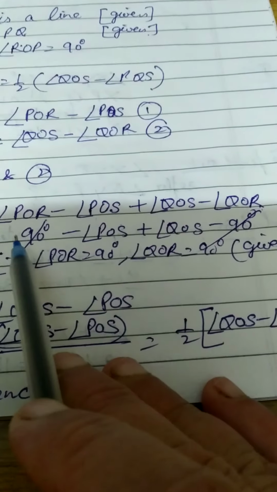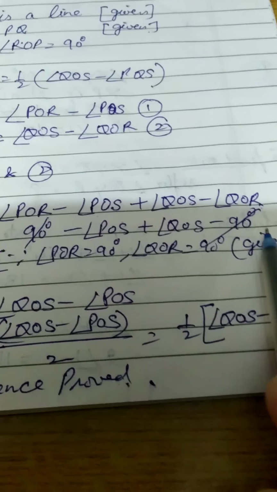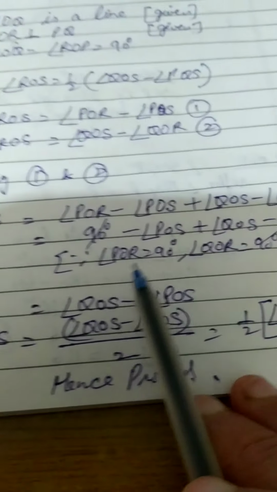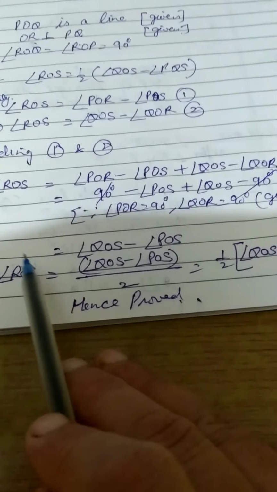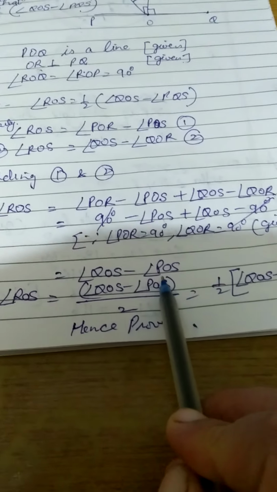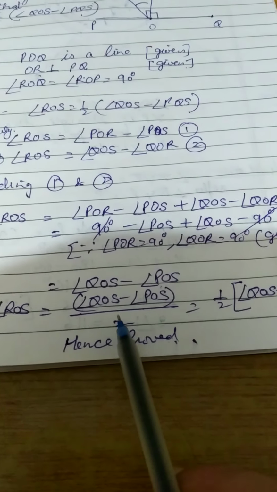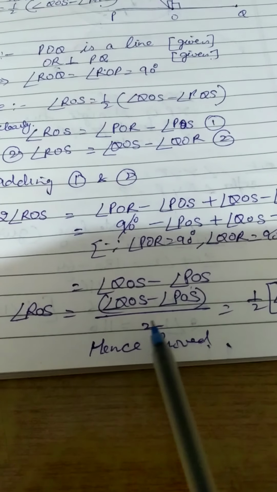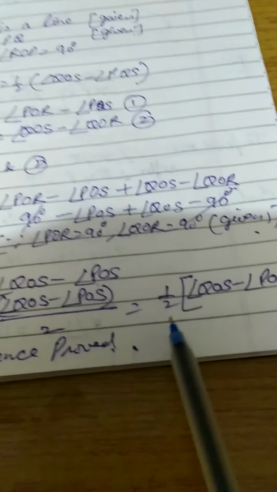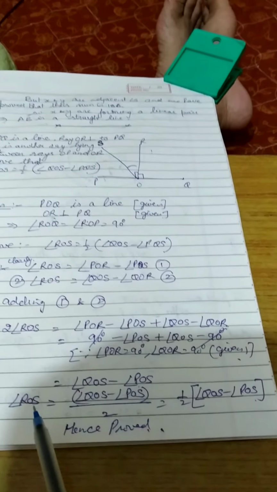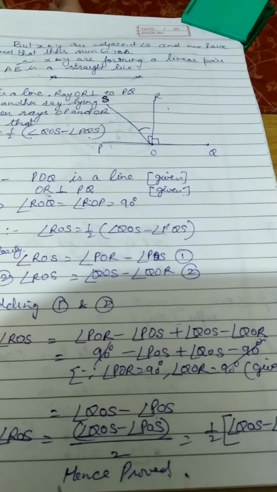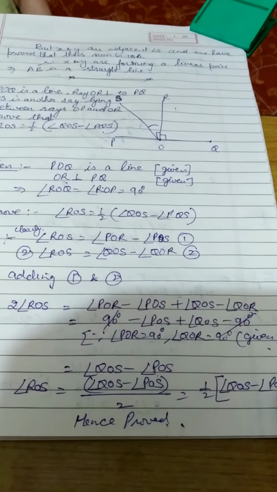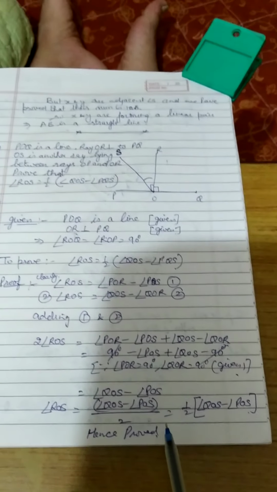We will put the values of these two. 90 minus 90 will cancel and we get here minus POS plus QOS. Means twice of ROS is equal to QOS minus POS. Angle ROS is equal to angle QOS minus angle POS by 2. We take 2 on the right hand side, or we can say that angle ROS is equal to half of angle QOS minus angle POS. And this is the full solution.